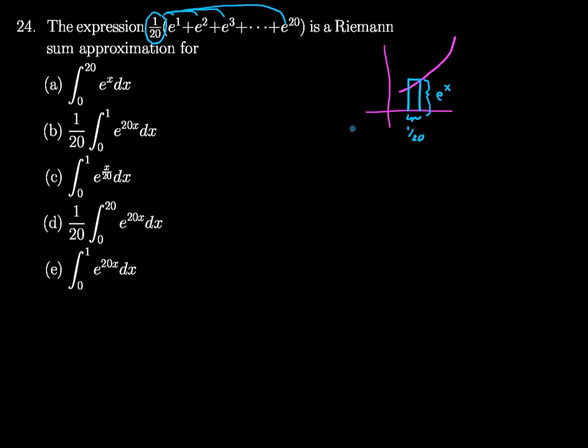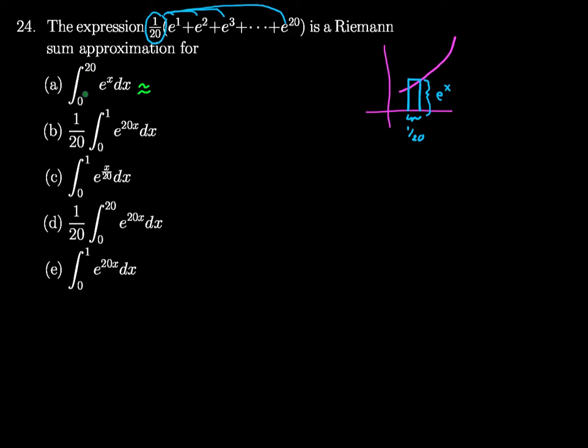Okay, so now let's break these down and see what we get if we use a right Riemann sum. The first one, the integral from 0 to 20 of e to the x, using a right Riemann sum. The first thing to notice is I want to use 20 subintervals, because I have e to the first all the way up to e to the 20th.